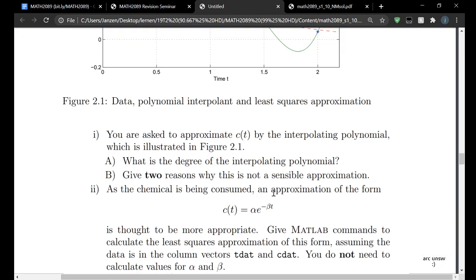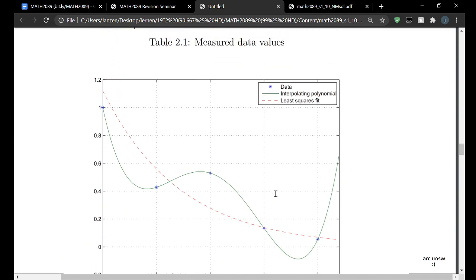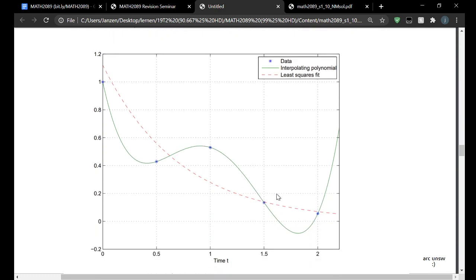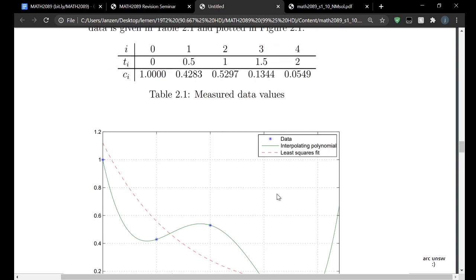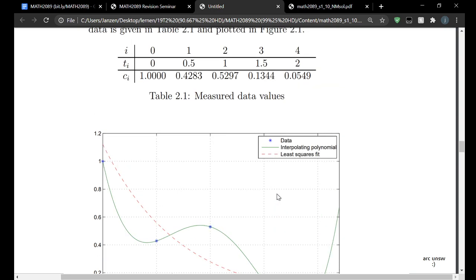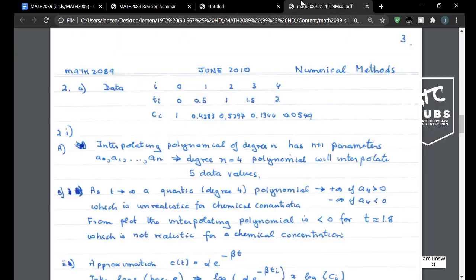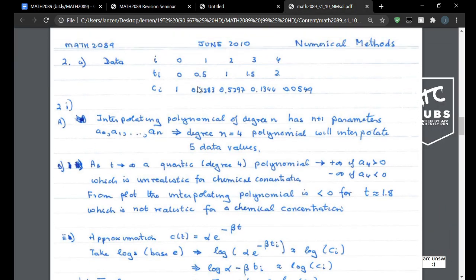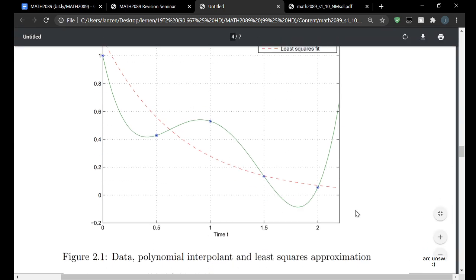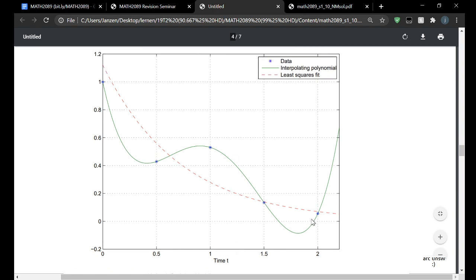Now, give 2 reasons why this is not a sensible approximation. Well, I guess it's because as t approaches infinity, the expression is supposed to converge to 0, but it goes to infinity.